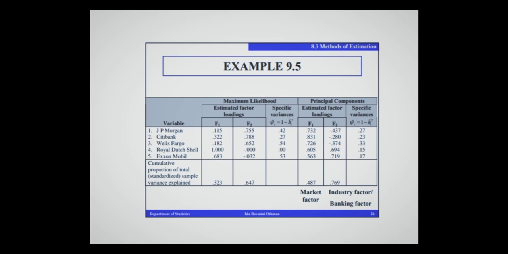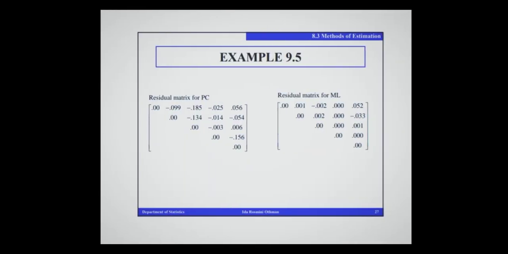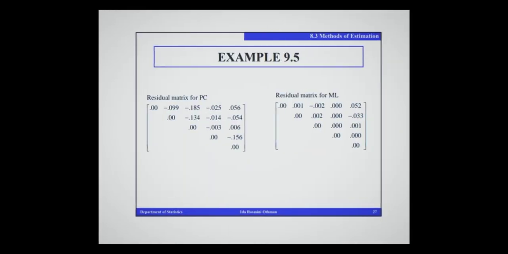Example 9.5. Okay, so once we have estimated the loadings and also the specific variance, we can find the residual matrix. The formula is, remember from the previous lesson, R minus L, the matrix of factor loadings, multiplied by the transpose of the factor loading matrix, L L transpose, minus the specific variance.